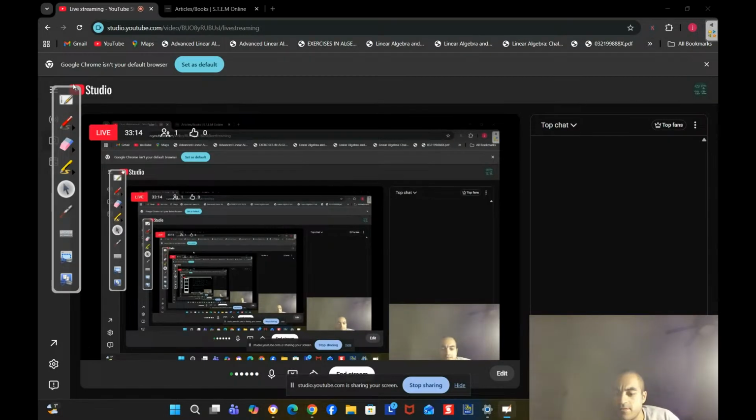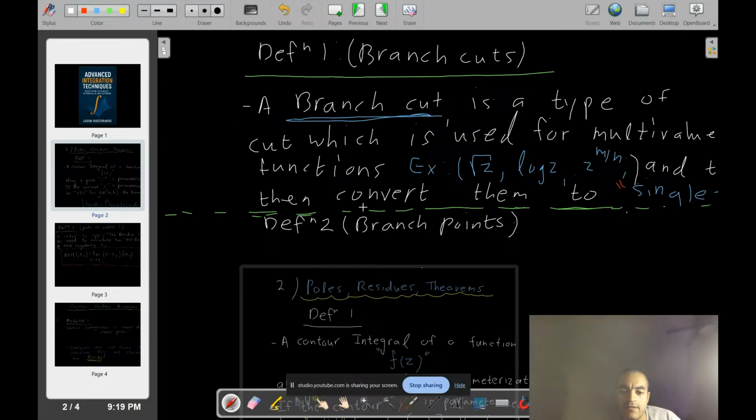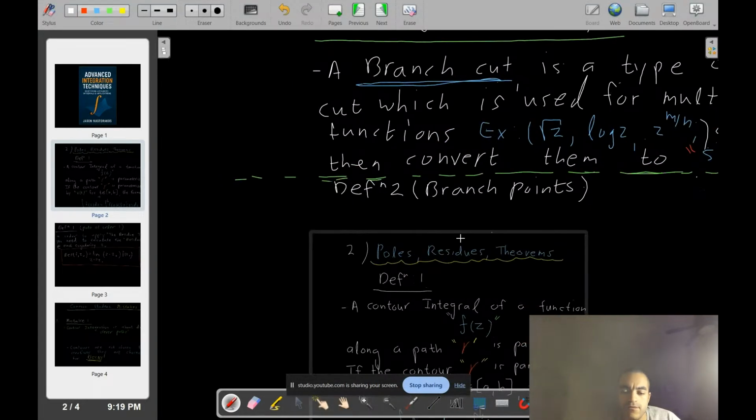We're looking at the definition of branch points, and it pretty much says itself.